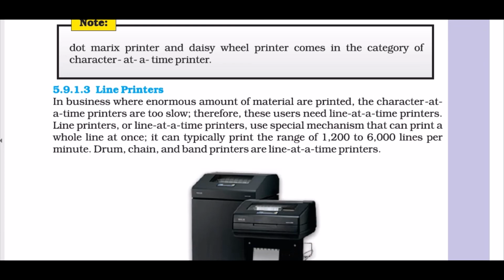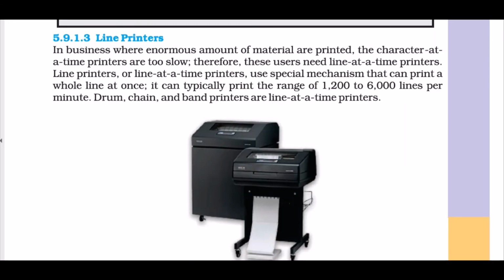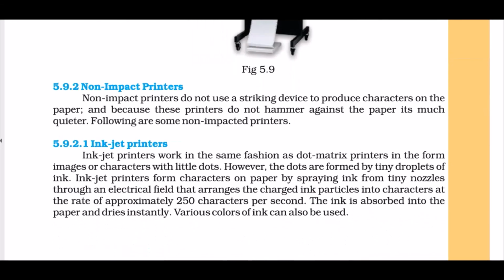In this printer, a special mechanism can print a whole line at once. It can typically print in the range of 1200 to 6000 lines per minute. It contains a drum, a chain, a pad, and you can print documents.